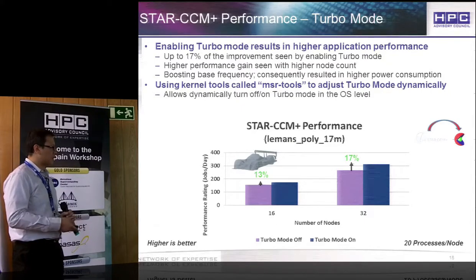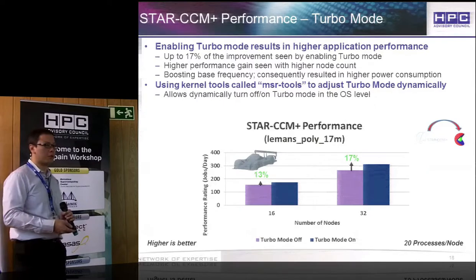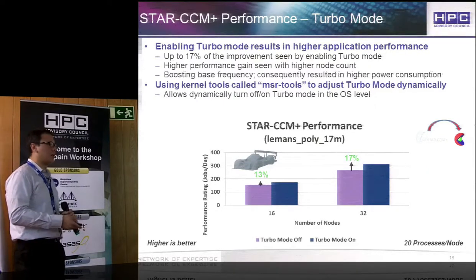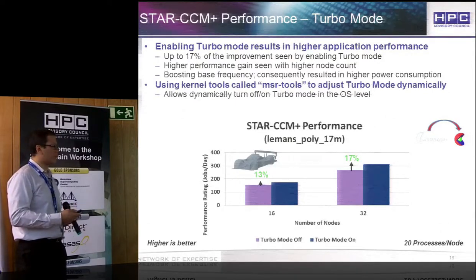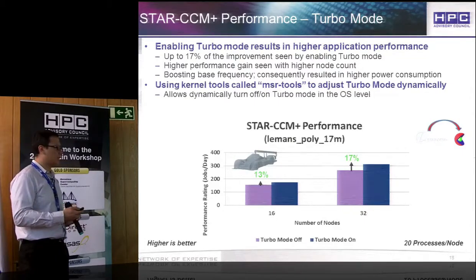It's also one of the mysteries that sometimes enabling turbo mode or turbo boost in the Intel processor would dramatically improve performance. But when I work on a few of the user applications, the improvements actually vary. Some of the user applications improve a lot by turning on turbo boost or turbo mode in the CPU.